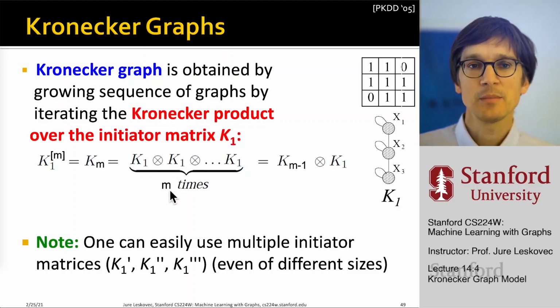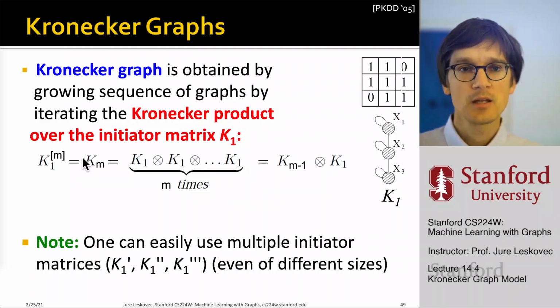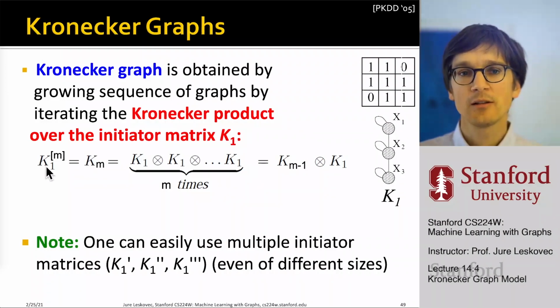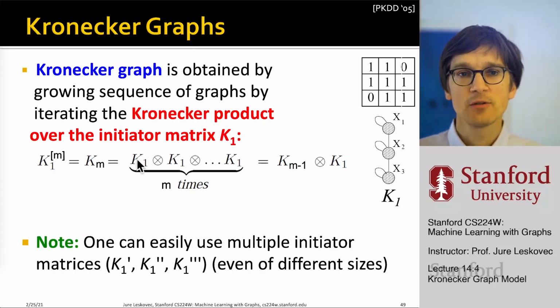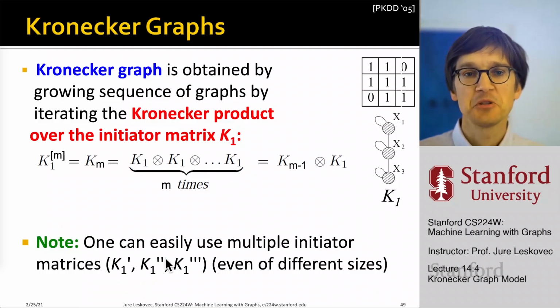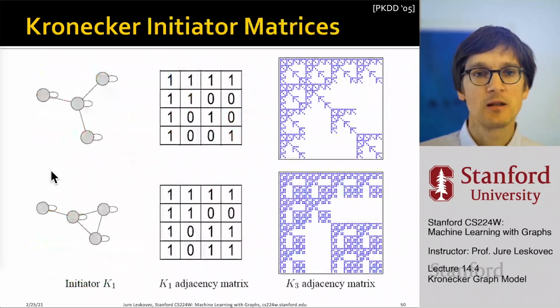So basically I'm taking the nth Kronecker power of the initiator matrix to get the final graph. And of course, nobody says you have to take one initiator matrix and just power it with itself m times. You could have different initiator matrices and multiply them to get a bigger graph. So there's a lot of flexibility here.